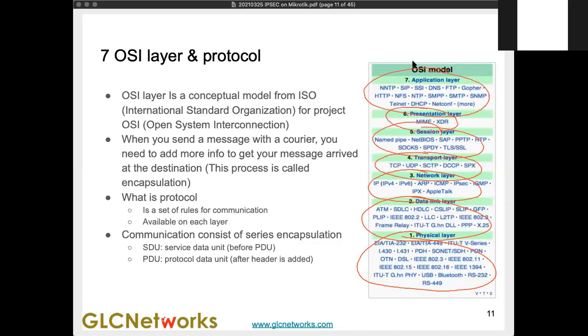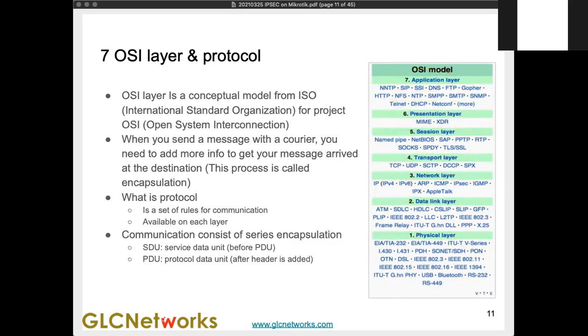So basically, when we do communications, we split the communication into layers, and inside the layers, we have a particular protocol for communication. Like TCP or UDP on layer 4, we have IP on layer 3, and on layer 2 we have Ethernet, frame relay, Wi-Fi, and so on and so forth.